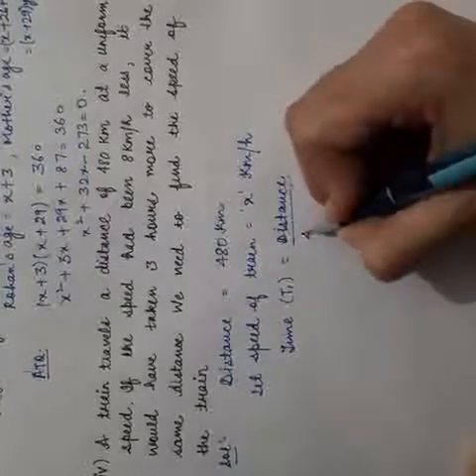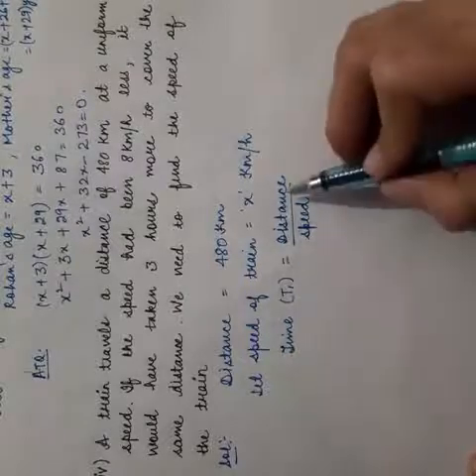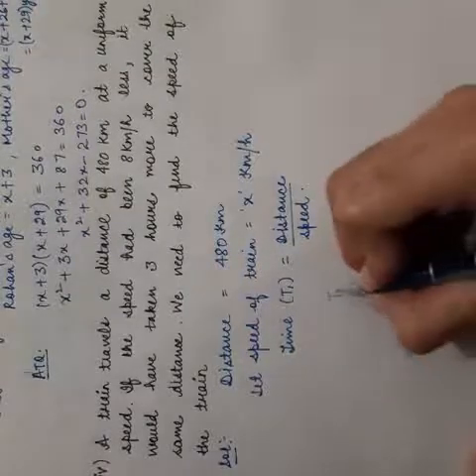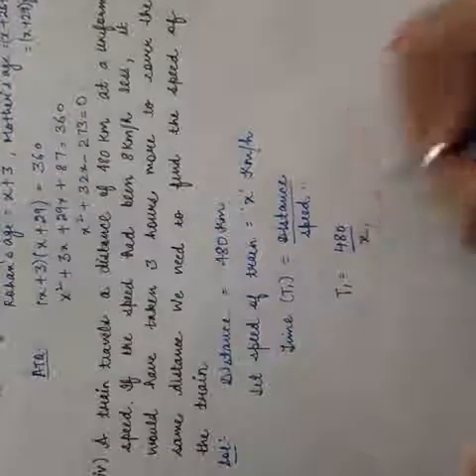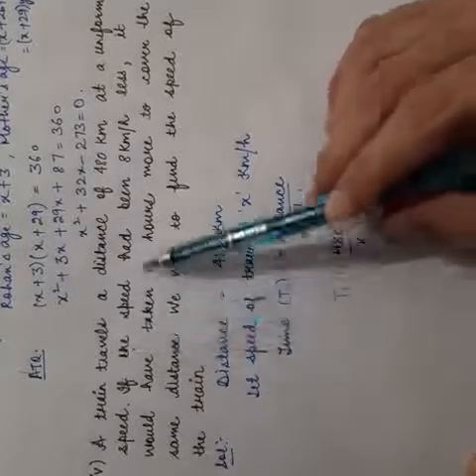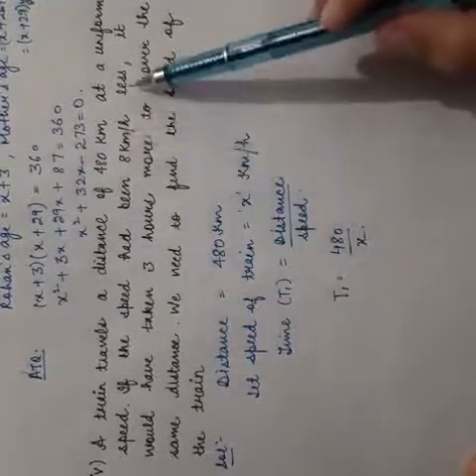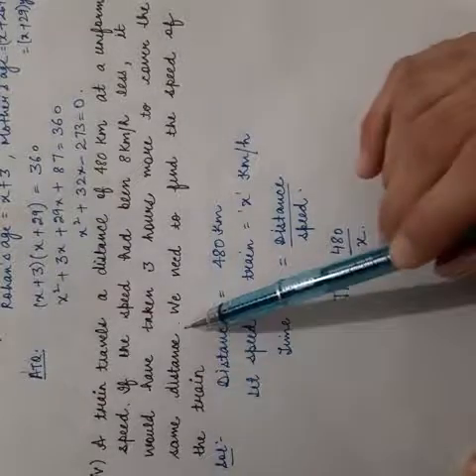How much time it will take to cover 480 kilometers? We'll use the simple formula which you have learned in your earlier years. Time is equals to distance upon speed. So t1 is equals to 480 upon x. Now what is the condition given in the question? If the speed had been 8 km per hour less, it would have taken 3 hours more to cover the same distance.